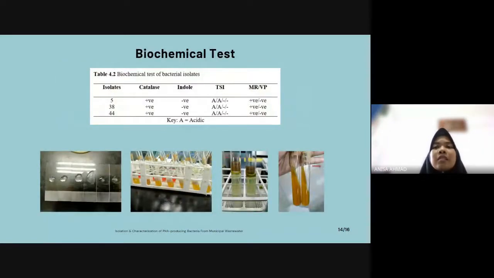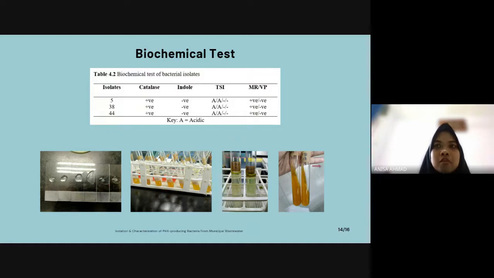For the biochemical tests, all 3 bacterial isolates tested positive for the catalase test, which indicates the presence of catalase enzyme in the bacteria, while all the bacteria tested negative for indole, which means that the bacteria cannot break down tryptophan and thus do not produce indole.